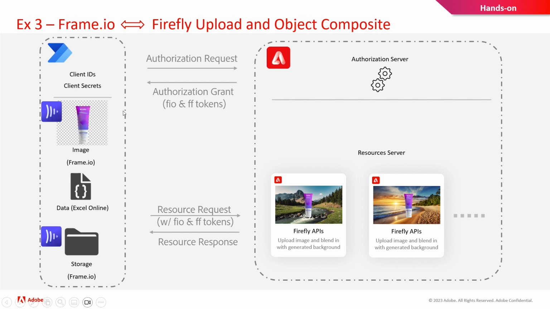Now, how about if this object is not transparent, maybe has a background? So next time in our exercise, we are going to show you how we could incorporate the Photoshop API to remove the background before we do the object composites. There are a few new things that we need to tackle, but we'll leave it for next time.